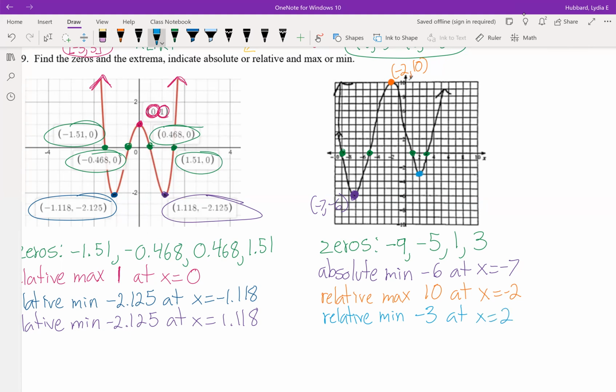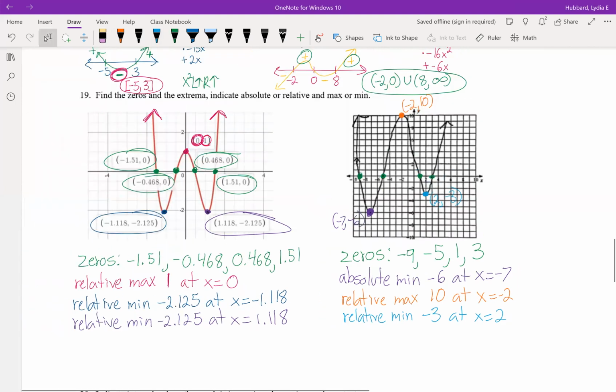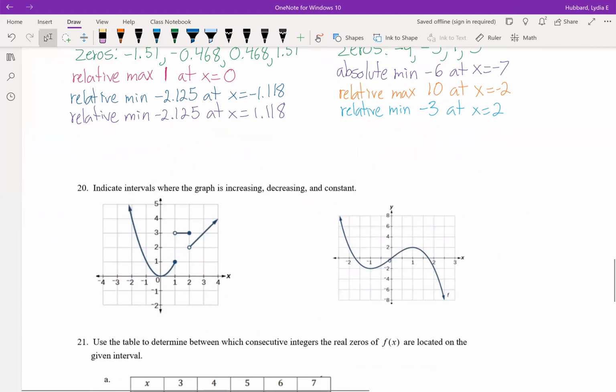Right, and we should see that because again, this is the point 2 comma negative 3. But it's not the lowest point on the whole graph, so that's why it's relative. So one big thing to reiterate from these two graphs is you can only have one absolute max and one absolute min. You can't have two absolute maximums or two absolute minimums. One of them would have to be relative, or both of them would have to be relative. So just make sure you're being careful with that.